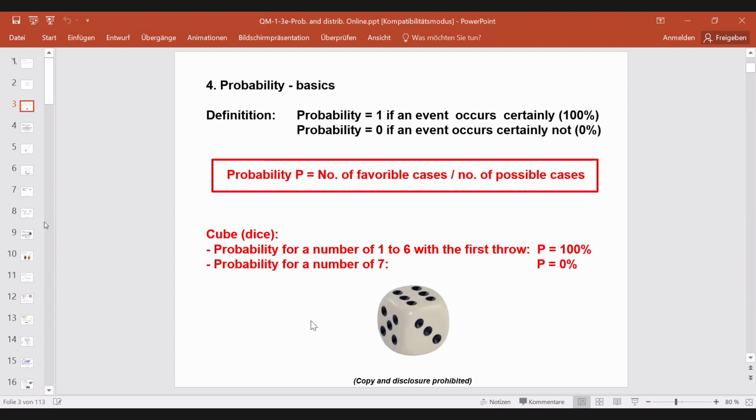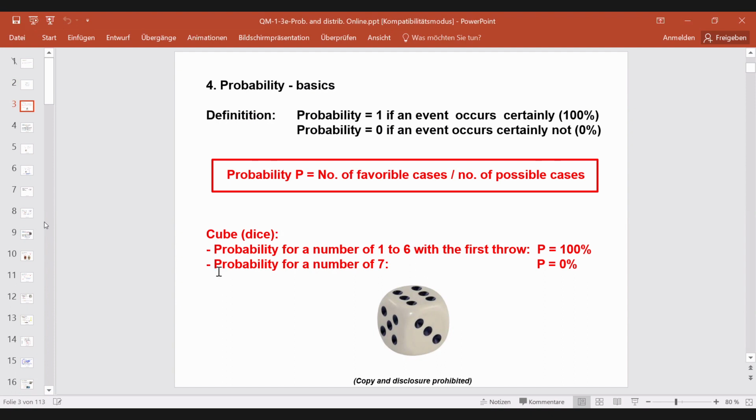Now we can ask a question: what is the probability if an event occurs certainly? And what is the probability if an event occurs certainly not? In the following examples, the probability every time is the number of favorable cases divided by the number of possible cases.